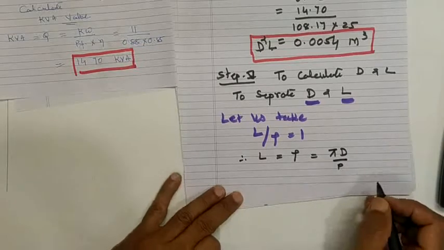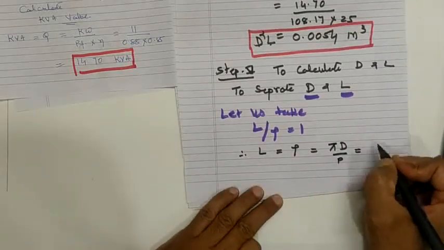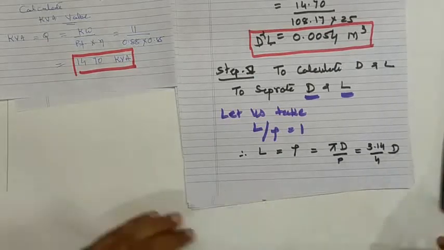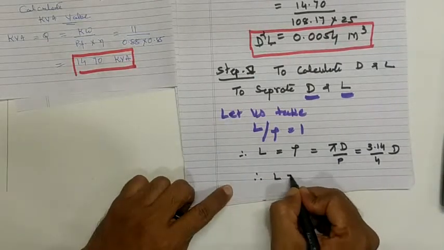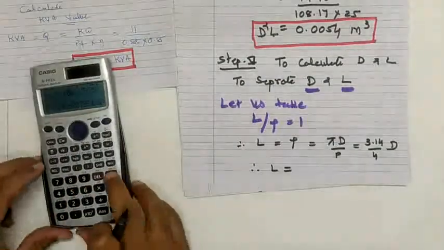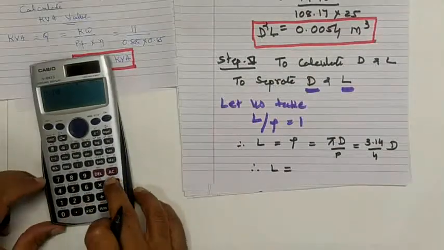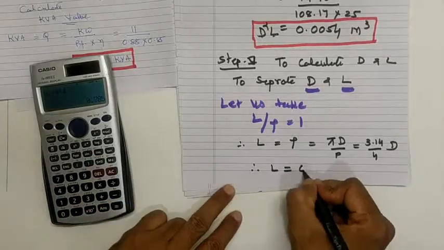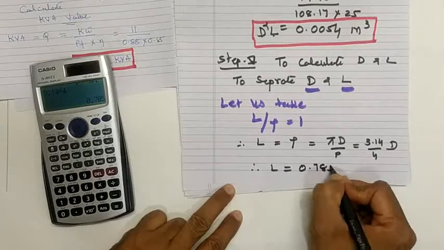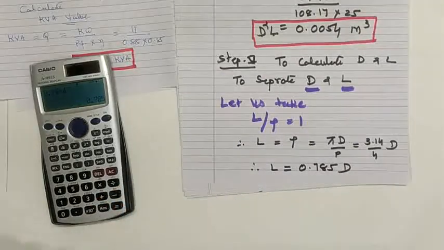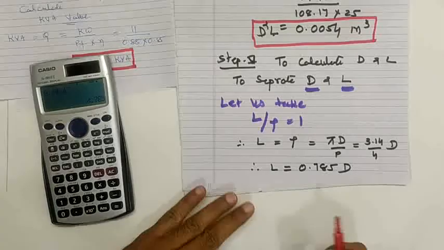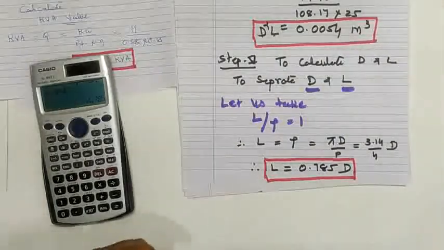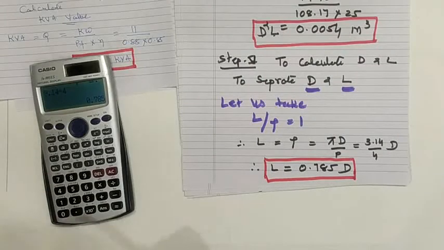If we substitute this value, then 3.14 divided by 4 multiplied by d. Therefore L is equal to 3.14 divided by 4, that comes to 0.785 times d. We have established this relationship. This relationship is very important, right? L is equal to 0.785 times D.